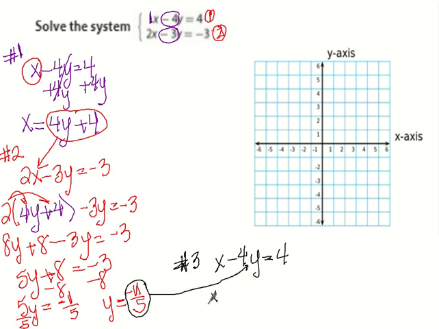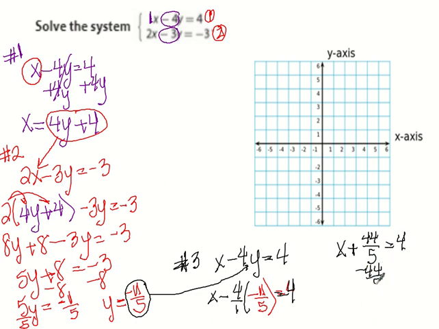Okay, so x minus 4, I'm going to put it over 1, and the reason I'm doing that is because I have a fraction, negative 11 over 5, equals 4. So multiply across. Negative times a negative is a positive. x plus 44 over 5 equals 4. I subtract 44 over 5.